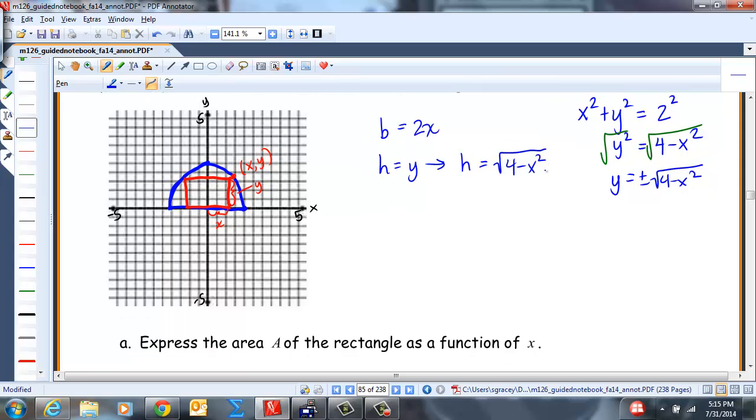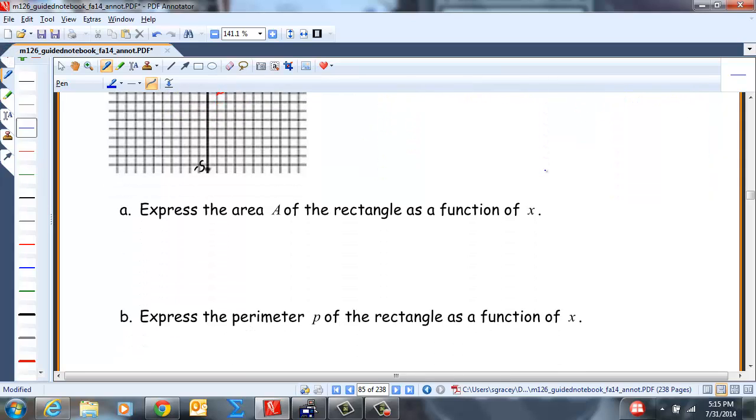Okay, so express the area of the rectangle as a function of x. Area in general is length times width. Actually, on this one, I'll do base times height since that's the wording we used. So area in terms of x is going to be 2x as the base, and the square root of 4 minus x squared as the height. And we're done with that part.